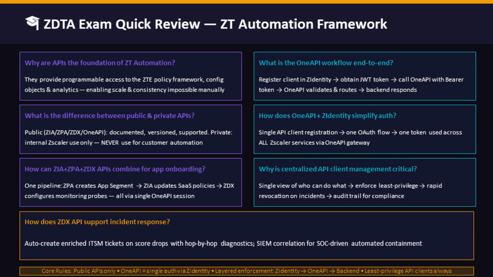All three calls use the same One API session with one token. 6. Why is centralized API client management critical for governance and least privilege? It gives you a single view of which automations exist and what they can do, enables instant revocation on incidents, enforces least privilege through scope tokens, and creates an audit trail for compliance.